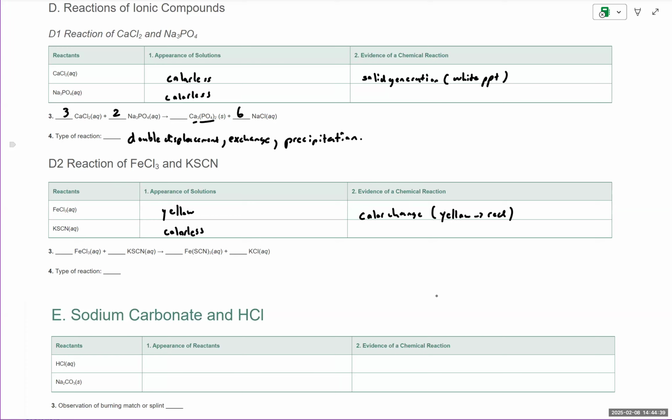In terms of balancing this equation, again, we're going to balance by counting ions. We have 3 thiocyanate ions on the right, so we need 3 thiocyanate ions on the left. In terms of chlorine, we have 3 chlorine atoms on the left, so we need 3 chlorine atoms on the right.